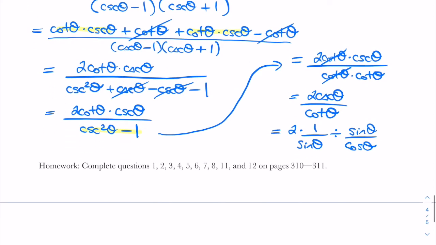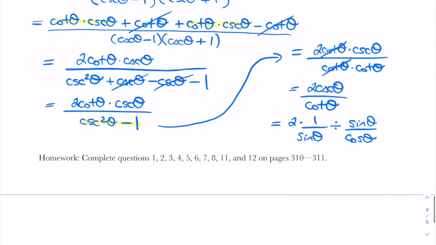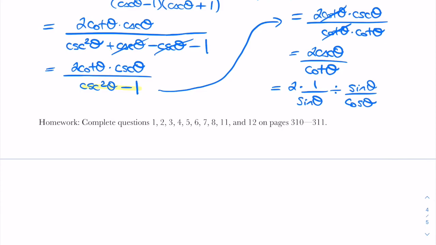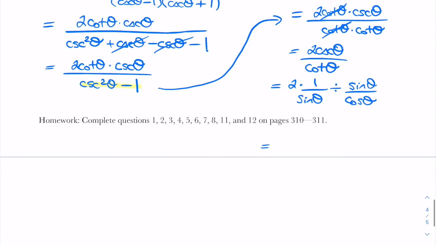All right, let's multiply by the reciprocal. So actually, I may have to go to the next page just to make sure I fit this all. If you need a little more room, feel free to write on another sheet of paper. So we have 2 over sine theta multiplied by the reciprocal, which is cos theta over sine theta.